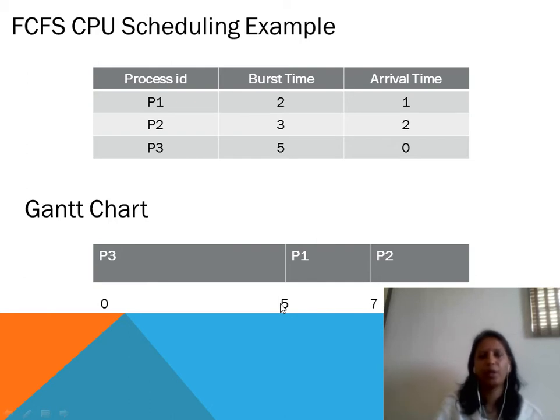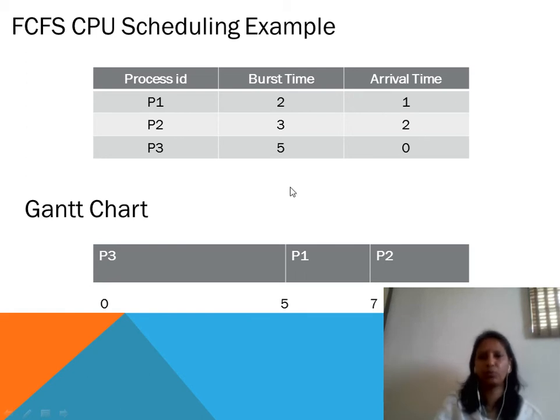After this, the short term scheduler will decide which process to allocate to the CPU. Now there are only 2 processes, P1 and P2, in the ready queue, and according to their arrival time, it will select the process P1 from the ready queue because it has the arrival time of 1, and afterward P2 which has the arrival time of 2.